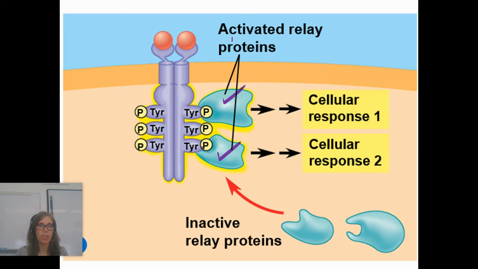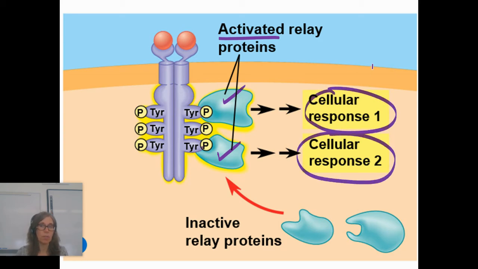Once they're phosphorylated, they are activated, and they can go ahead and cause different cellular responses. Maybe this one says, hey, contract harder, heart, and this one says, hey, heart, I need more glucose. You better break down some glycogen to make glucose. So you can have different cellular responses based on just the binding of epinephrine to this molecule.